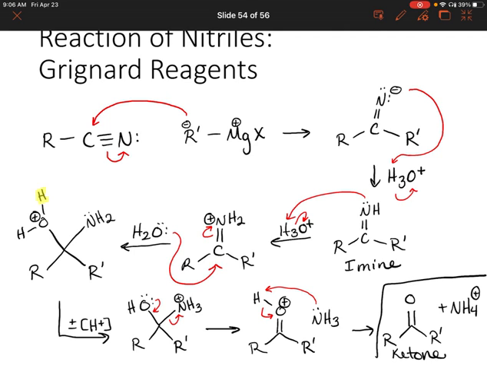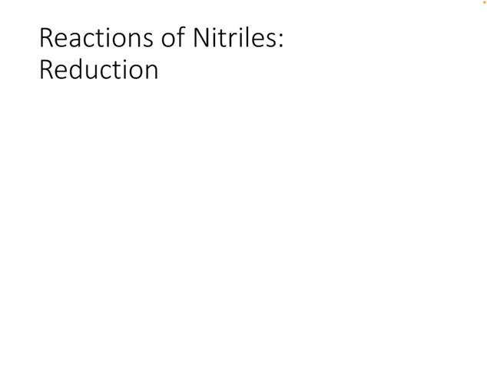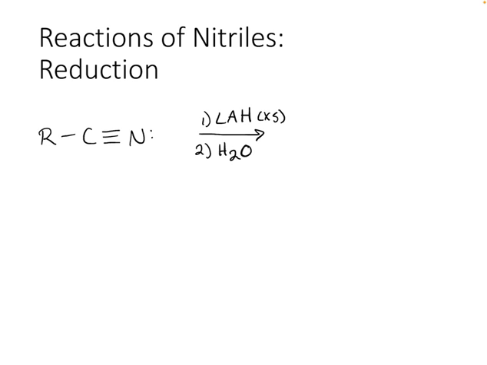Now let's look at a reduction reaction with nitriles, and this will be pretty similar to amides. So if we have a nitrile molecule and we react it with our handy lithium aluminum hydride in excess, followed by water, we're going to form a primary amine. So pretty similar to what we've seen before.